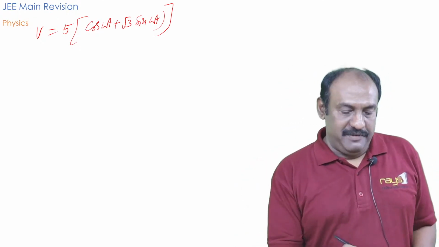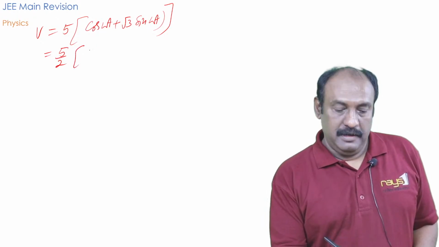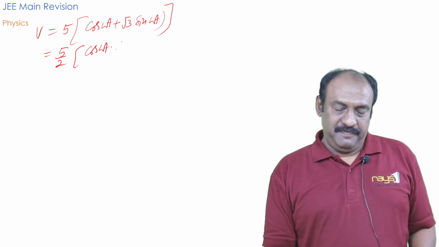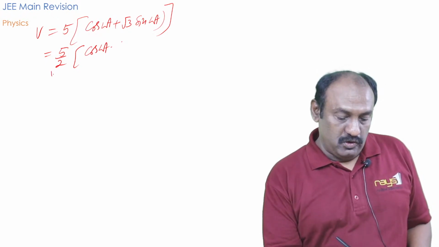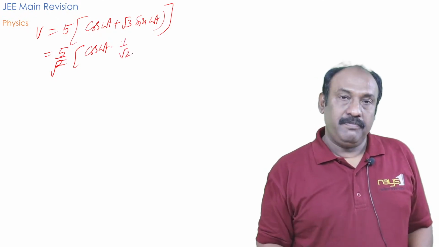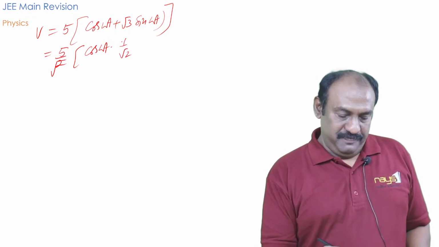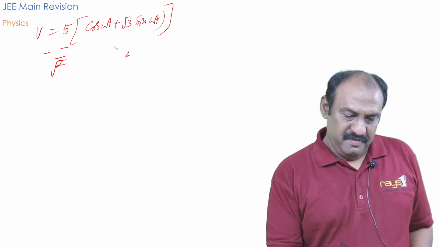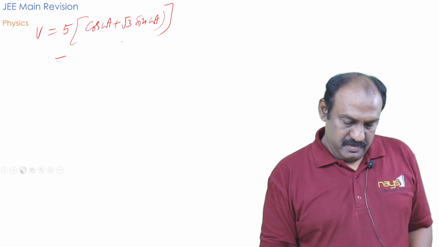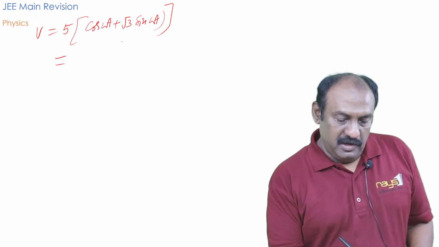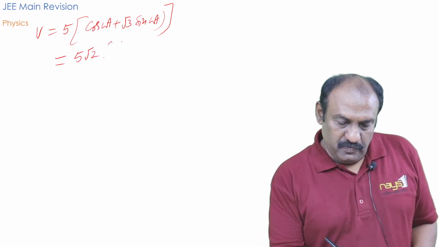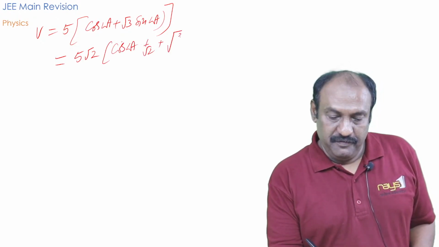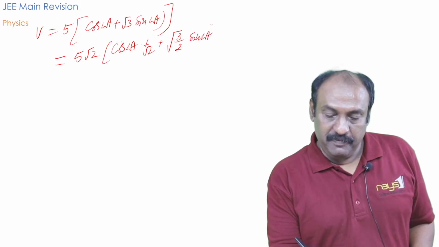I multiply and divide with 2, so 5 by 2 into cos omega t into 1 by root 2, plus root 3 by 2 into sin omega t.